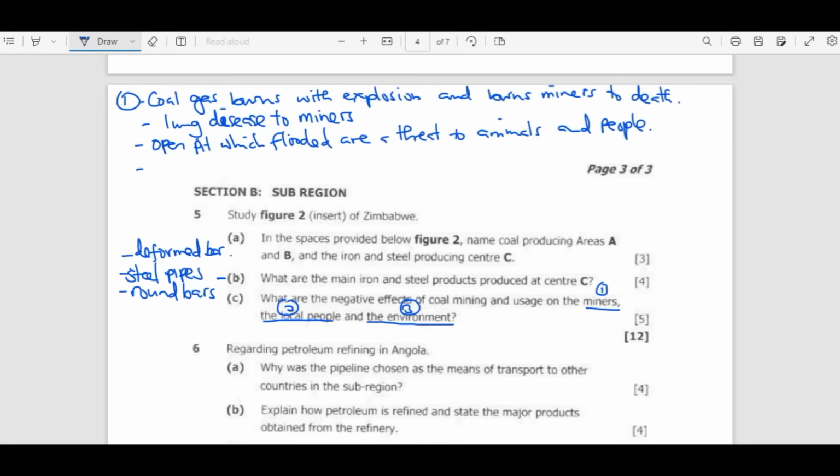The other thing is the use of explosives during mining can cause house cracks. And then what else apart from that?